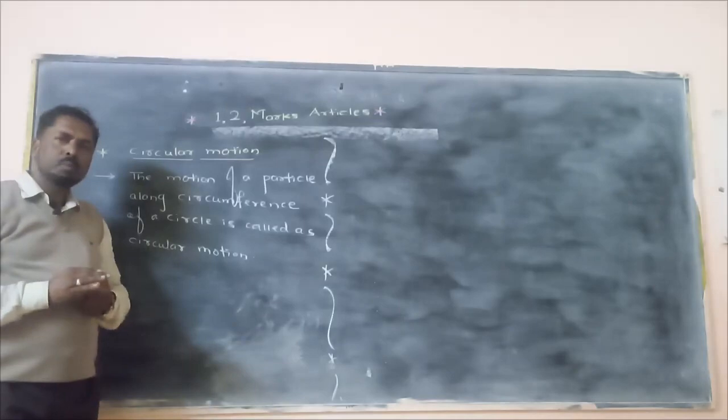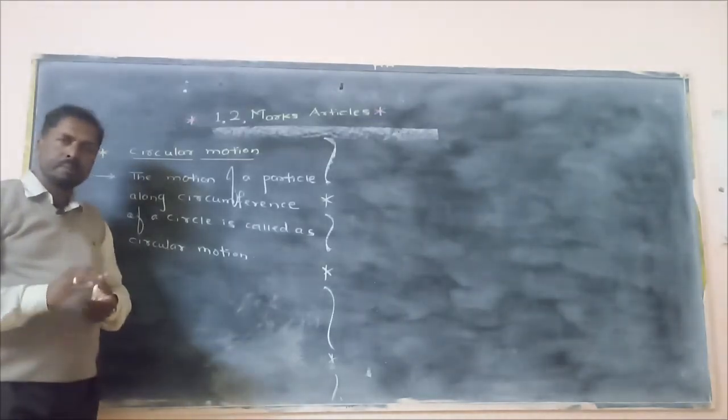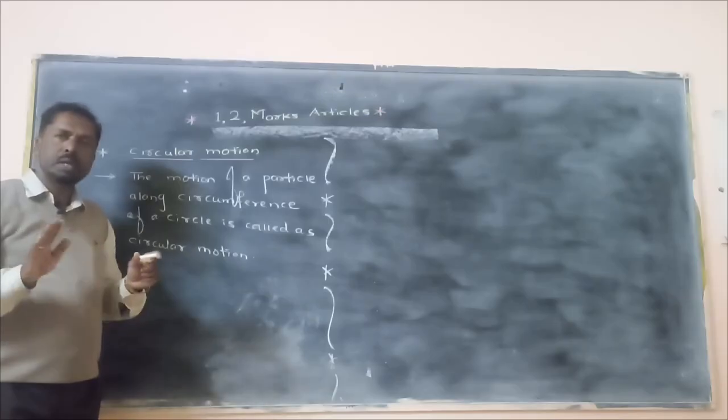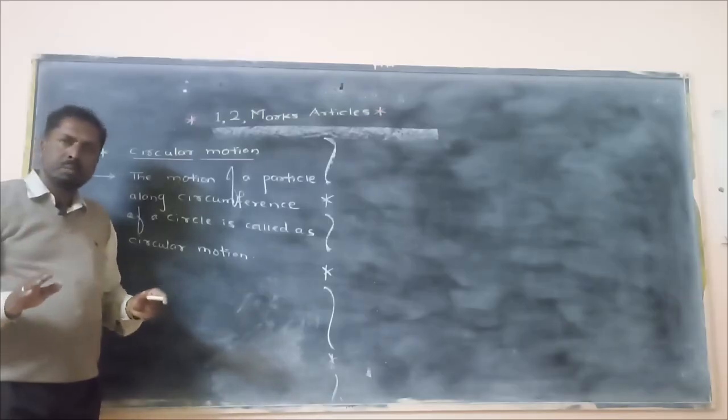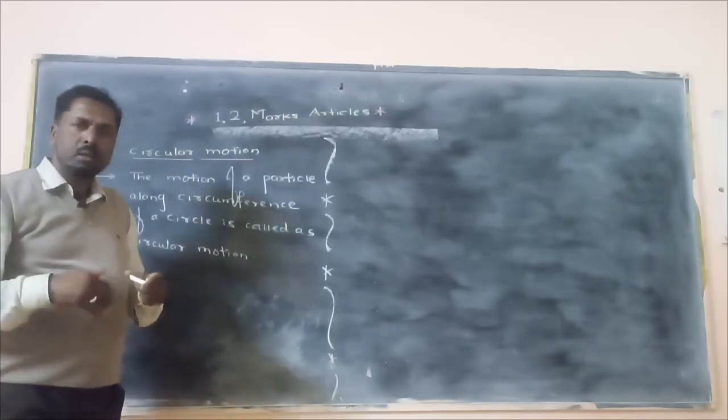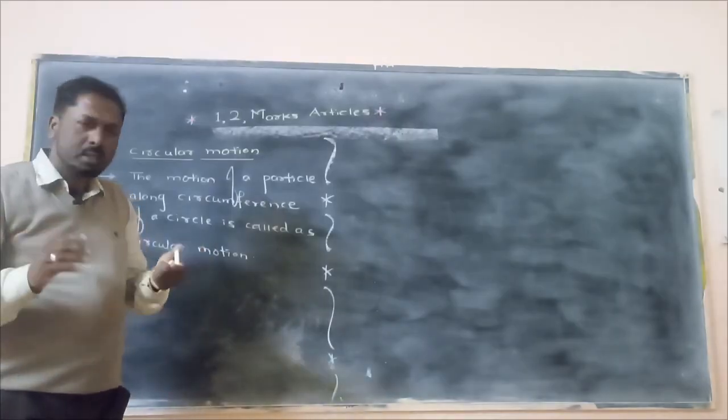The most important point about circular motion is that in circular motion the speed does not remain constant. It means the speed or the velocity varies.